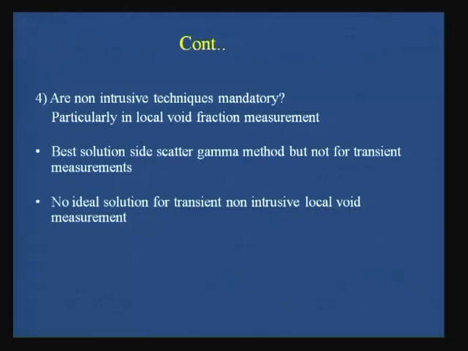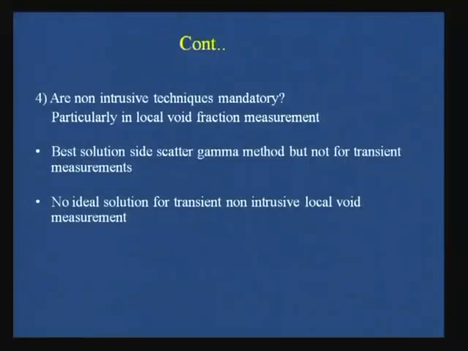So, if non-intrusive techniques are mandatory, what is the best method? Your side scatter gamma technique, where some amount of gamma radiation is scattered, and the scattered beam is recorded by a detector. Again remember, this cannot be done for transient measurements, as it requires a long counting time.